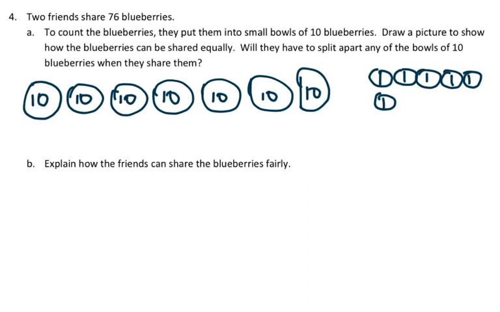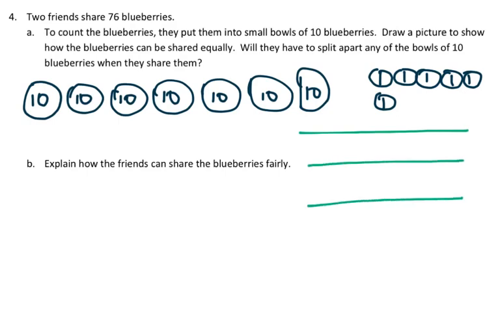So my bowls and the blueberries actually look like place value discs. So now we're going to take a look at this, and how are they going to share them? I'm going to do it down here. I have my 2 rows, and it's going to represent each of the friends. And so I would move my place value discs, or I would take my bowls of 10, and put one right here.